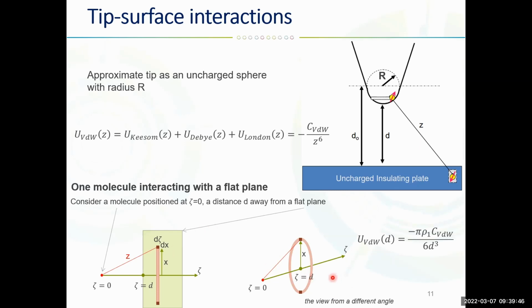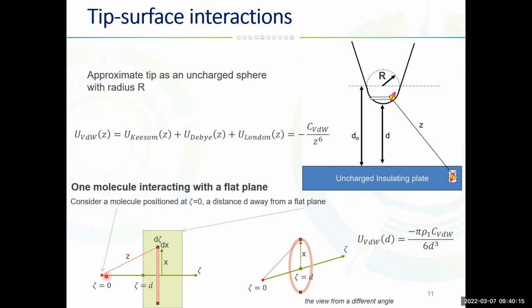What we are going to do is transition to a set of coordinates, or set of variables, that make sense specifically for atomic force microscopy. We will say that an atom or a molecule is located at a distance d above a flat plane, and the plane has infinite extent.